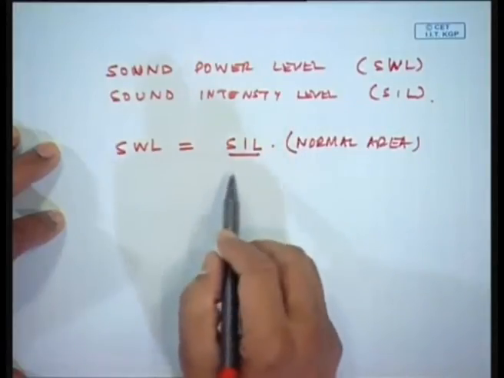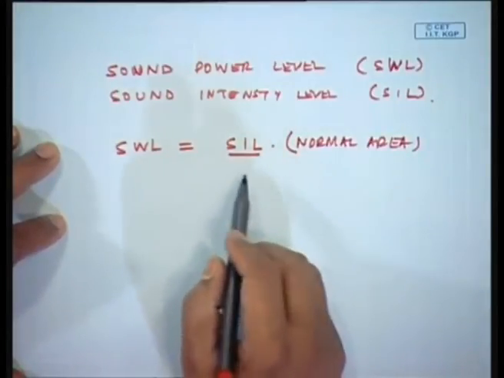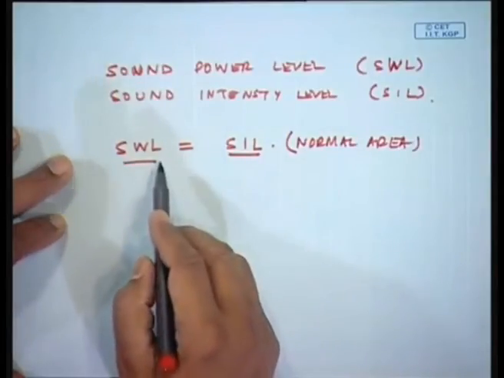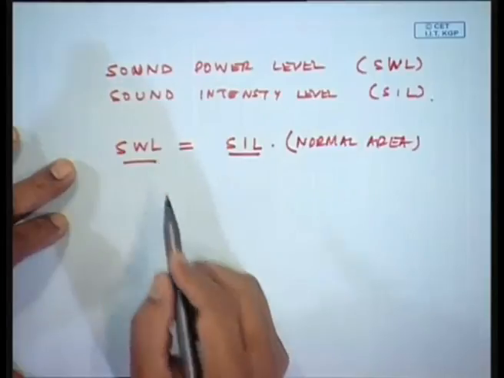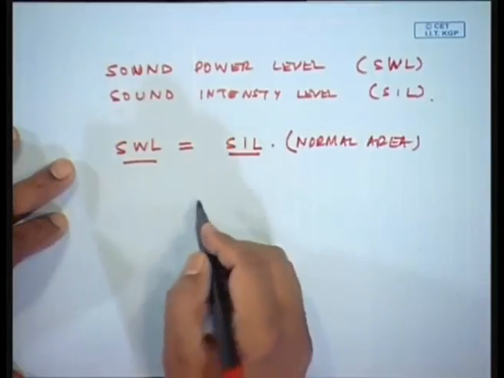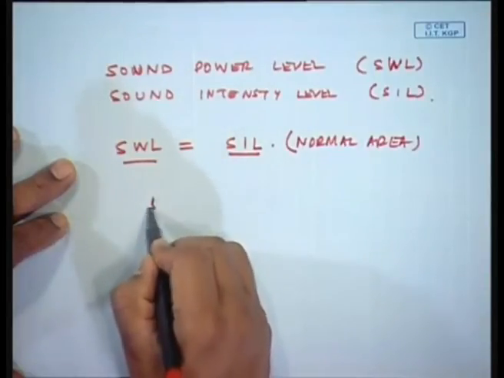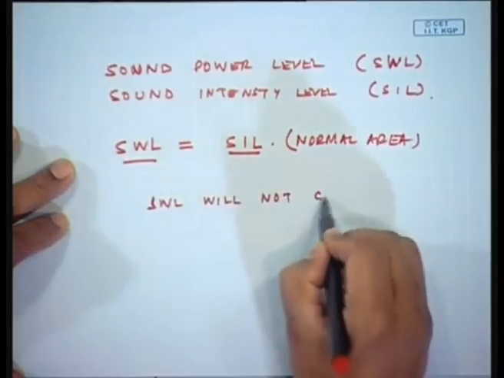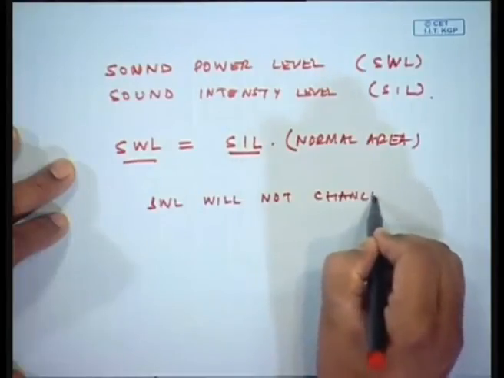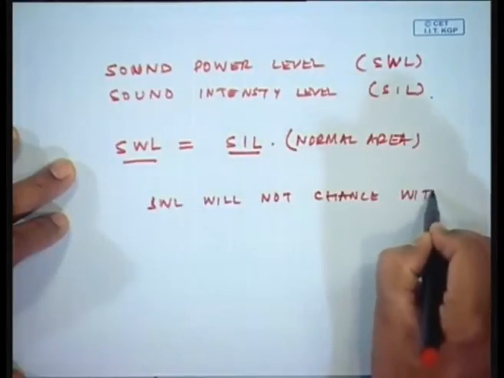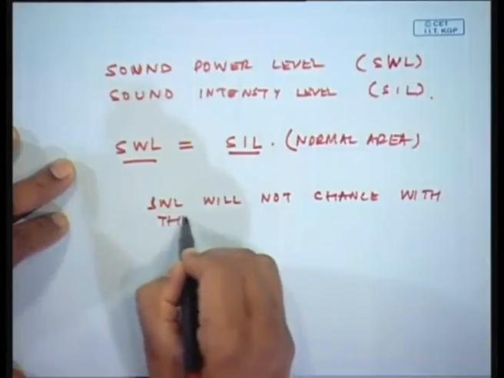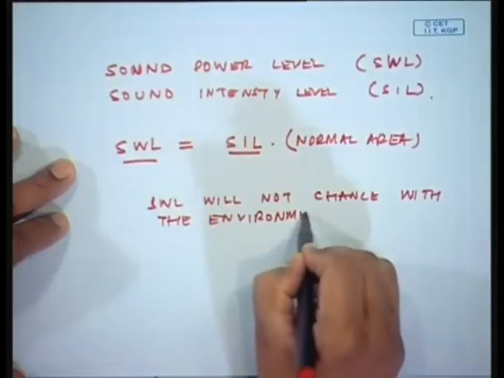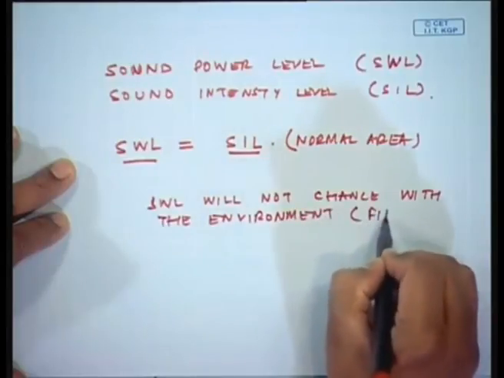There are instruments to measure sound intensity level, and then knowing the area you can find out the sound power level. The advantage of using sound power level is that the sound power level of a machinery is not going to change with the environment. SWL will not change with the environment or field.